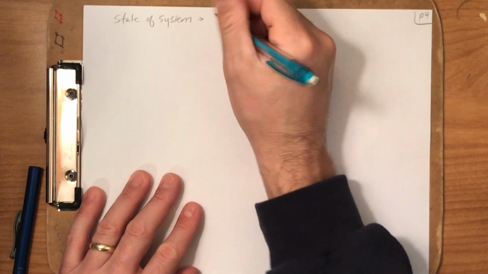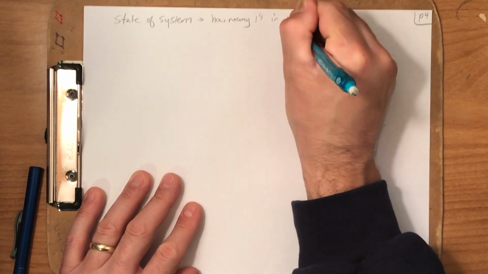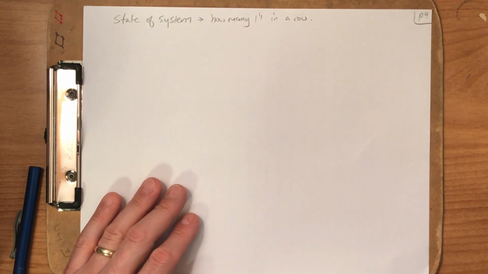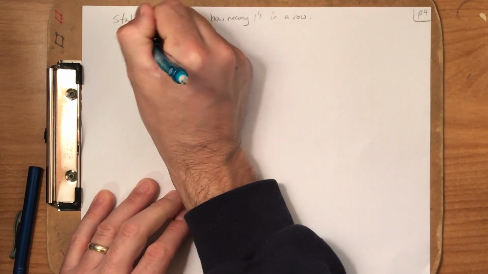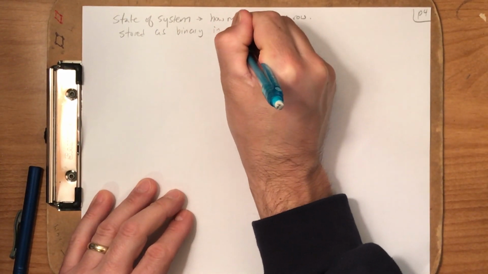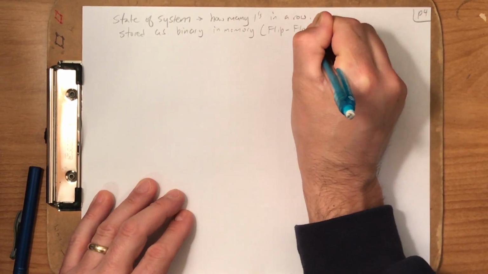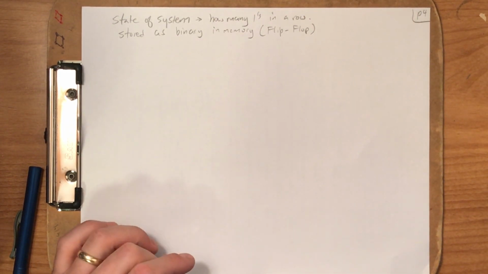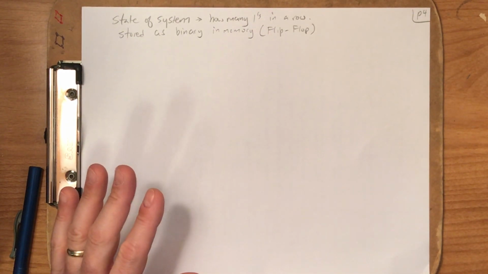So in this case, the state of the system is how many ones have we got in a row? It's stored as binary in memory. The memory device is called a flip-flop because it flips and flops between zeros and ones, depending on the input signals that you give it. We'll learn how to store ones and zeros in memory. We're not getting to that today, like I said.